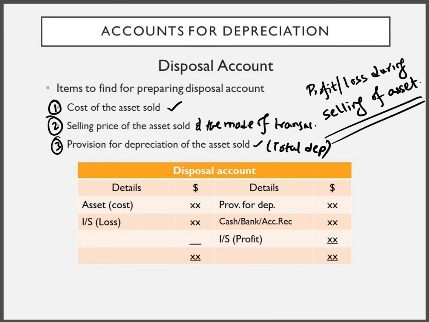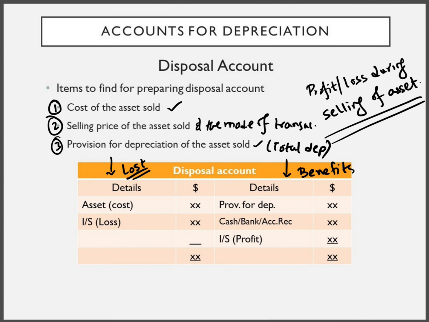If we look into the account carefully, you can see that the debit side of the account will record the cost of the asset, and the credit side will record the benefits that we have received from the asset.